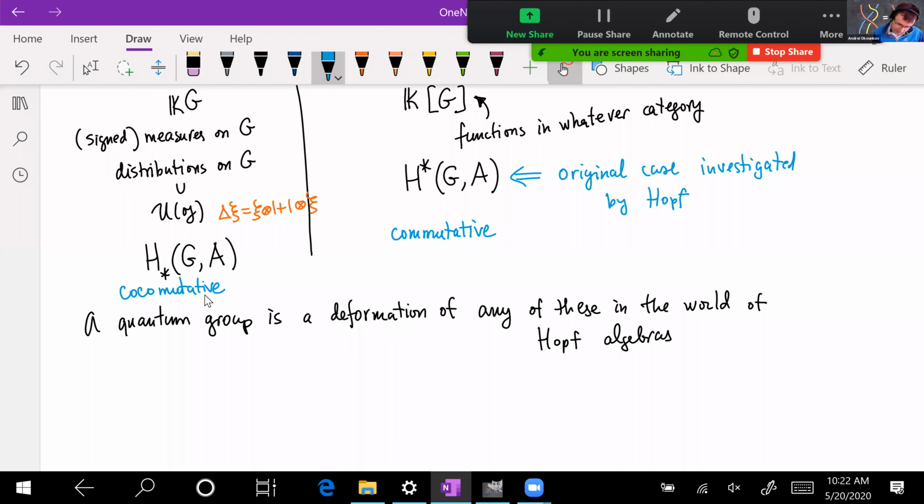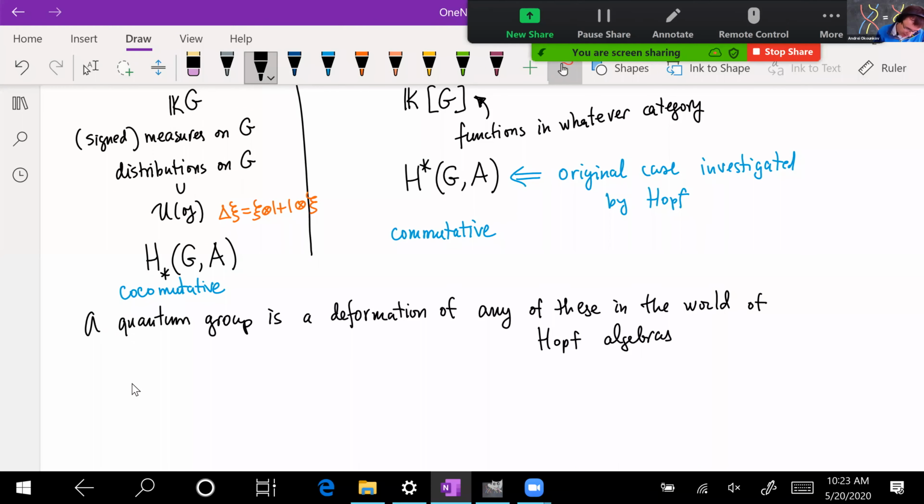And the deformation is to give up on that. So we'll be looking at this complex in this part, and we would like to give up the fact that this is co-commutative.